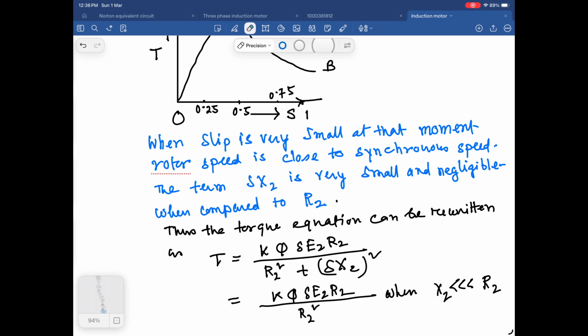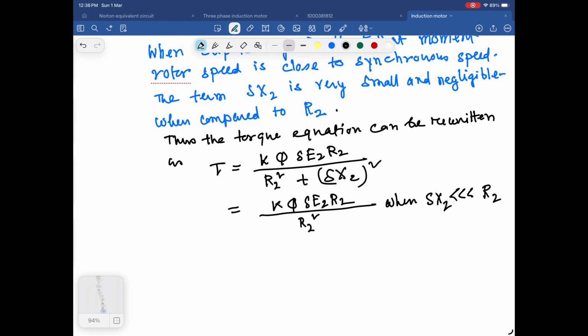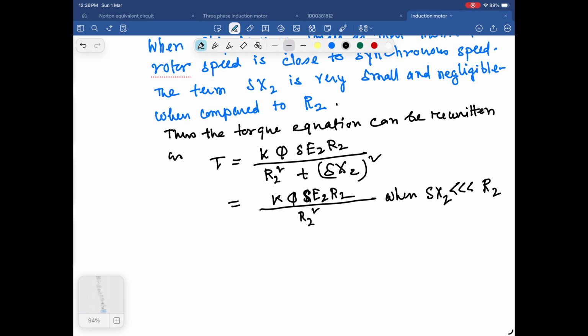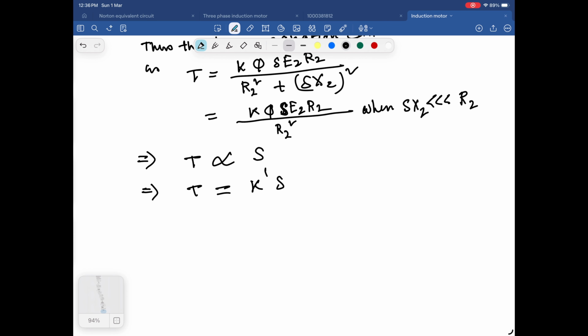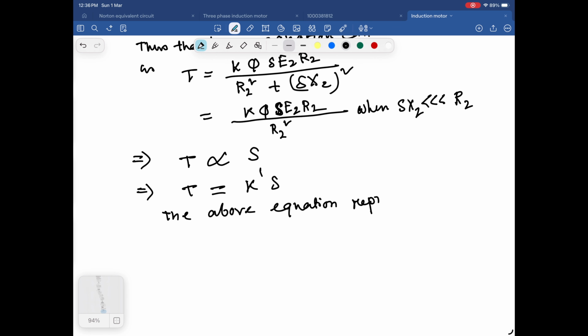So here we can see the low slip region. Now K, phi, E2, R2, these are all constant. So I can write torque is proportional to slip, so torque is equal to K dash S. This is our equation of the straight line.